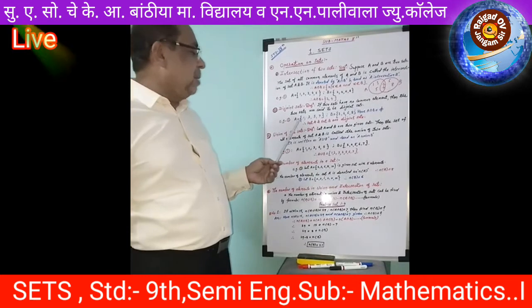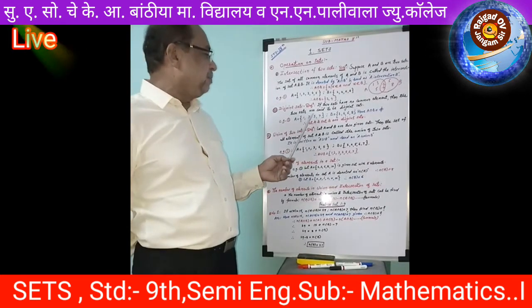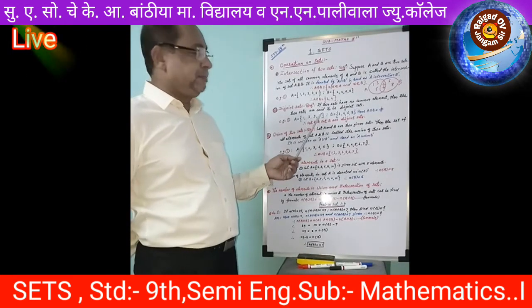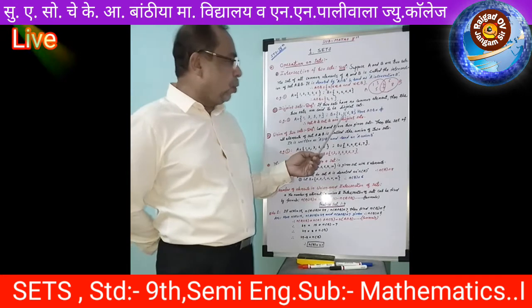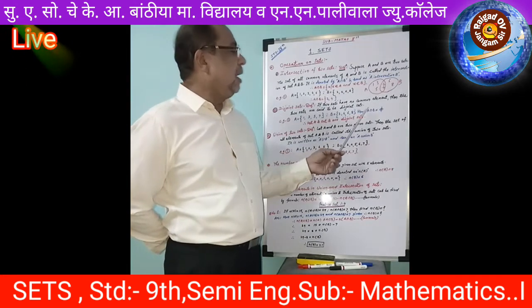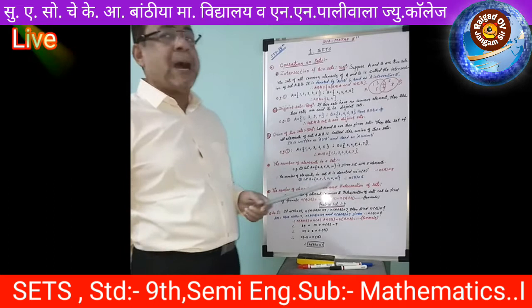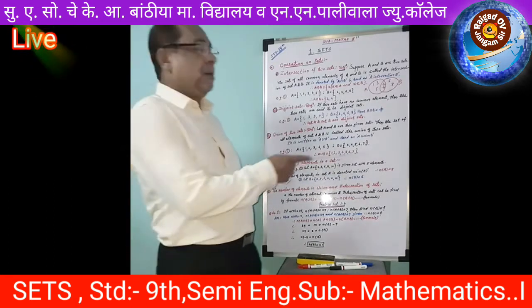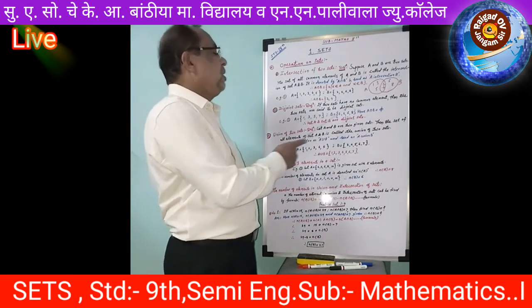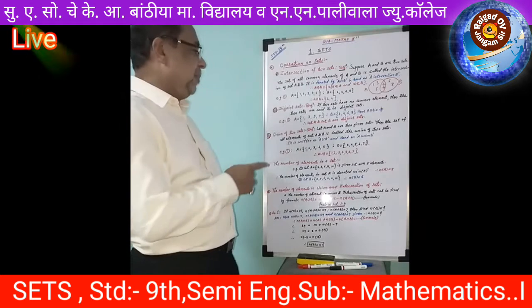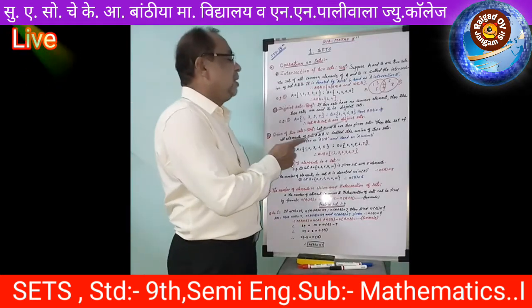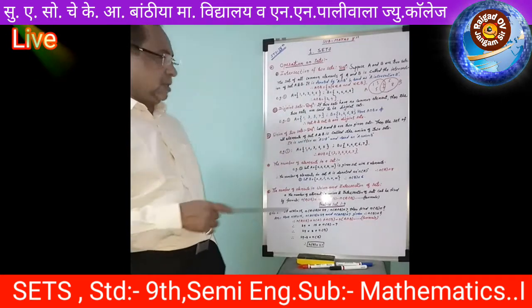For example, A equal to {1, 3, 5, 7} and B equal to {2, 4, 6, 8}. Hence A intersection B equal to phi, the empty set, because both the sets have no common element. Hence we write that set A and set B are disjoint sets.